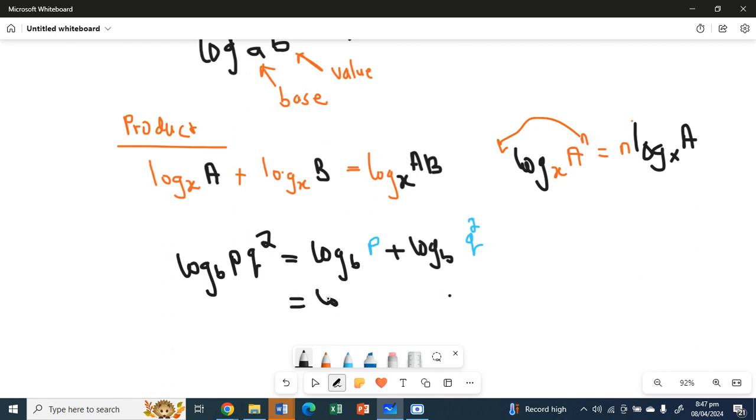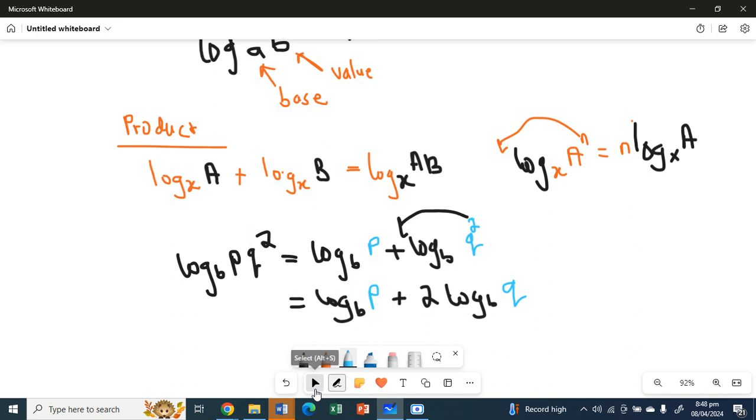So we're going to have log_b p plus, so this 2 comes in front here, 2 log_b q.